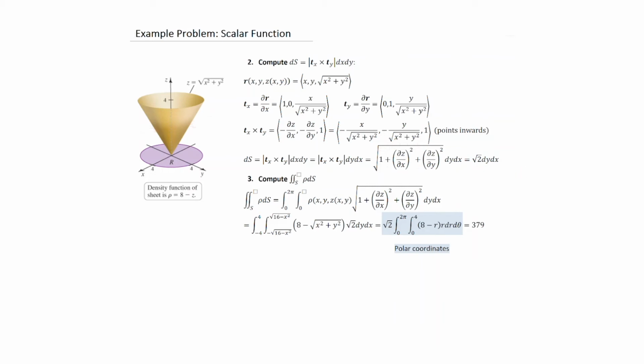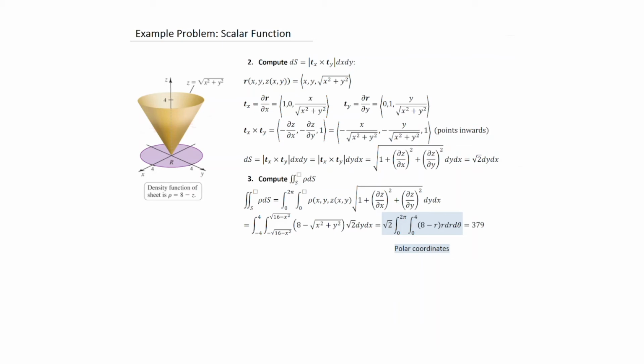dy dx. Now earlier we mentioned that for a cone, if you look at the projection of the cone onto the region below in the xy plane, a differential area that maps from the xy plane to the surface doesn't seem to change depending on where you are in the region.